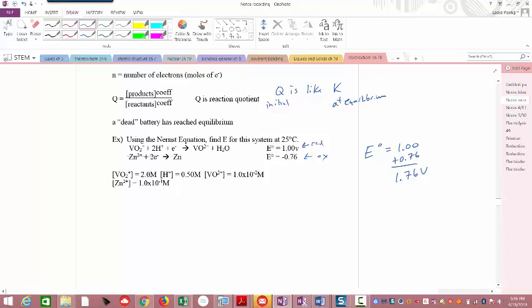This one's the one that's going to reverse. So zinc going to zinc 2 plus and 2 electrons. So we need to multiply this by 2 in order to equalize our electrons. So our overall equation is this.